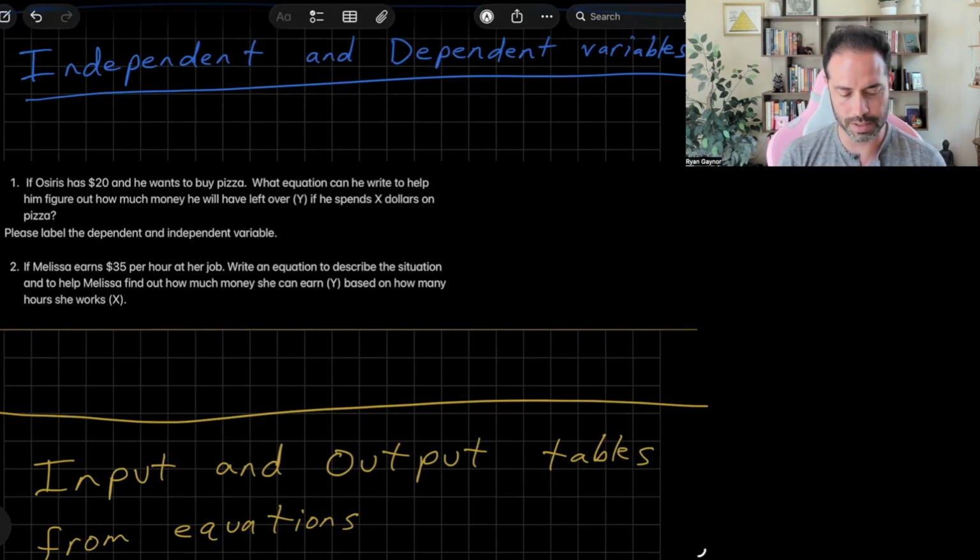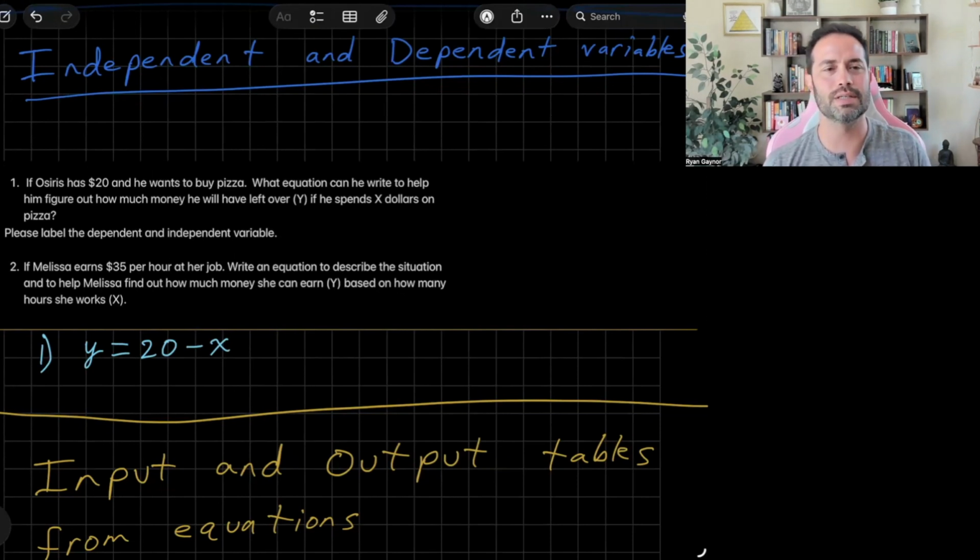So this is number one: y equals, he has $20, 20, and then he's spending, so minus x dollars. Okay, so there's our equation.